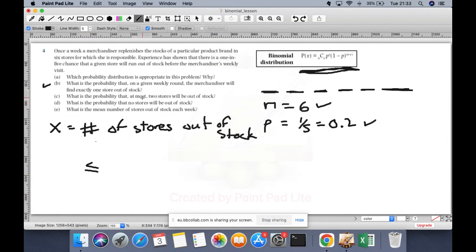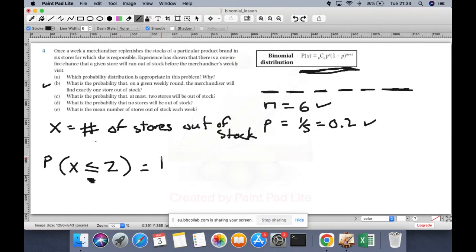At most means less than or equal to, and it says 2 stores. So x at most 2, so x being no greater than 2, and you want to find that probability. Now this is not an equal to sign. It's an inequality. So it means 0 satisfies it, 1 satisfies it, 2 does as well, but nothing over 2.